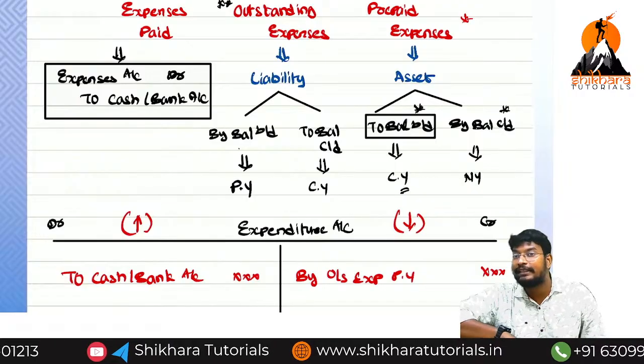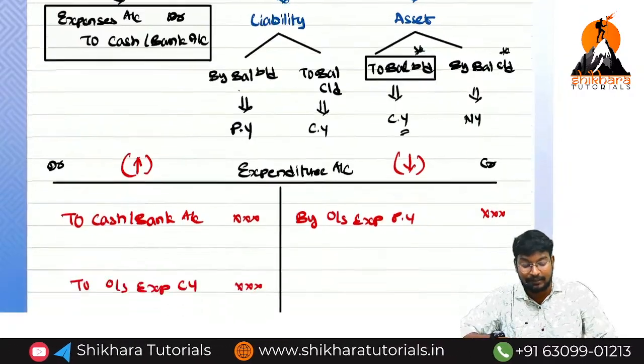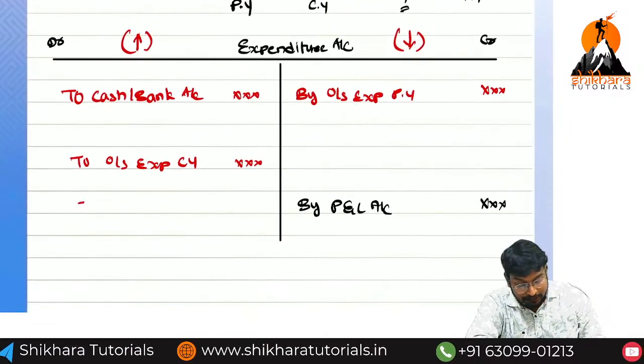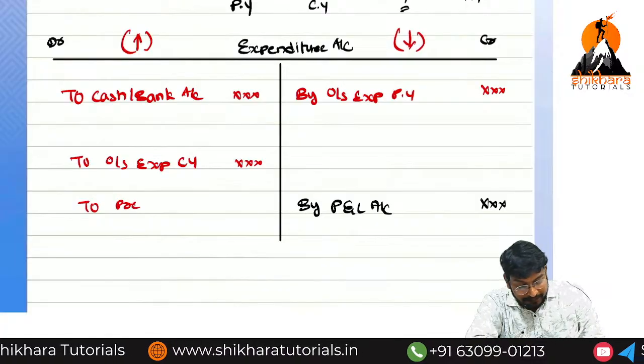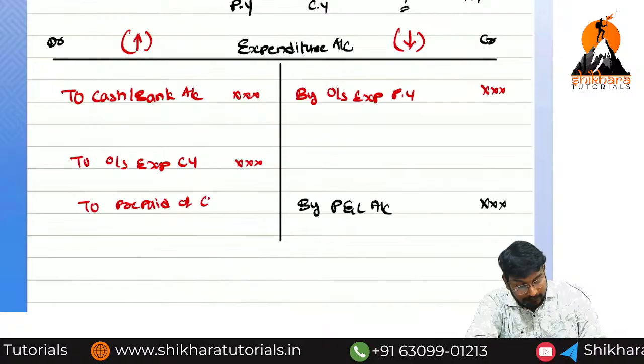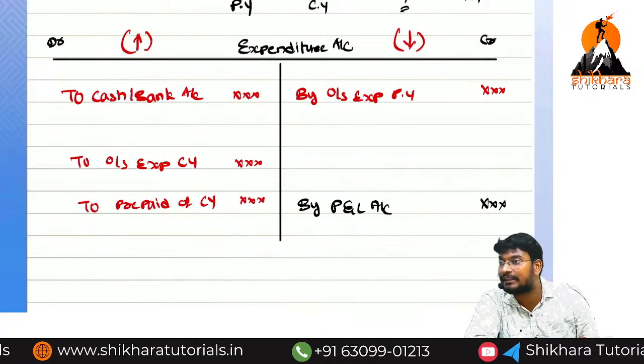So we should consider them, which means increase. So what do we write? To prepaid of current year. Current year means increase; next year or previous year means decrease.